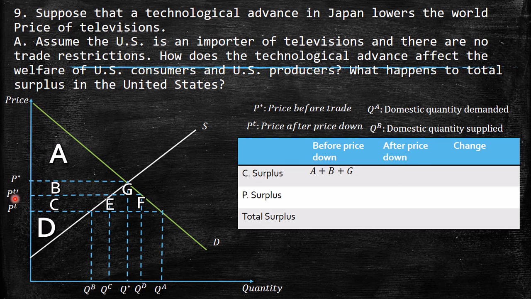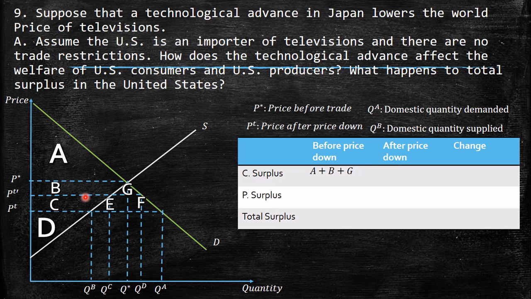They have to pay PT prime. So all of these people along this curve, this is kind of saving, so instead of this price they have to pay PT prime. So this whole triangle is known as the consumer surplus.